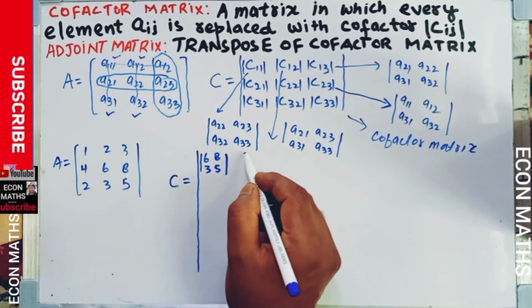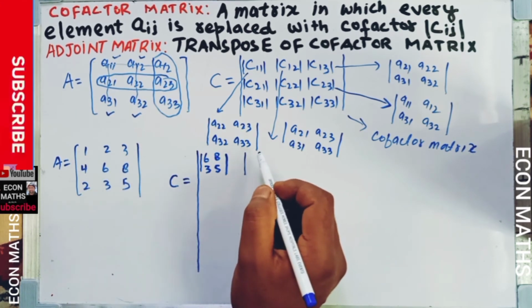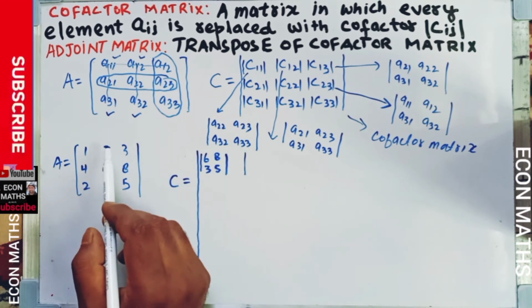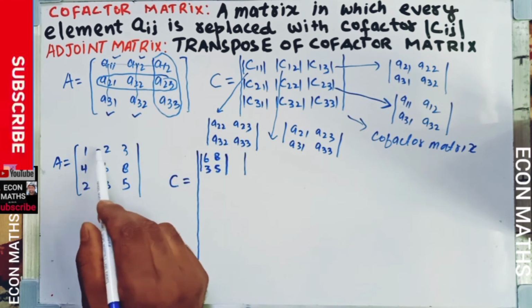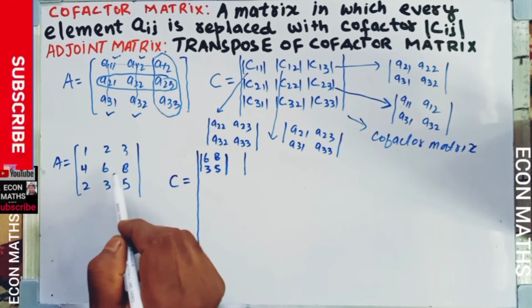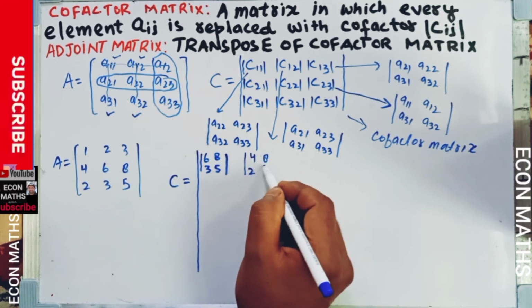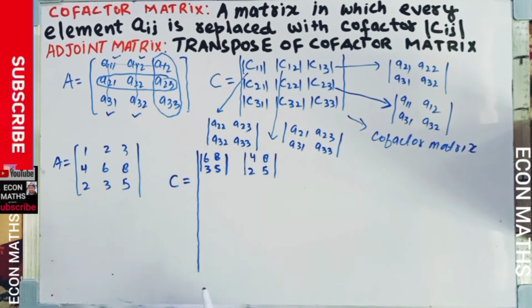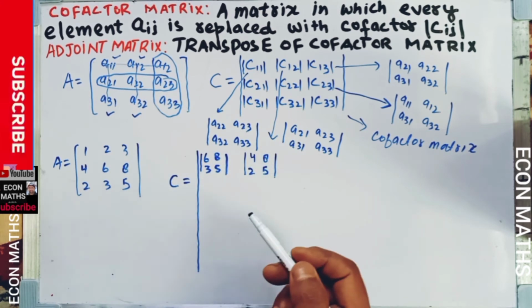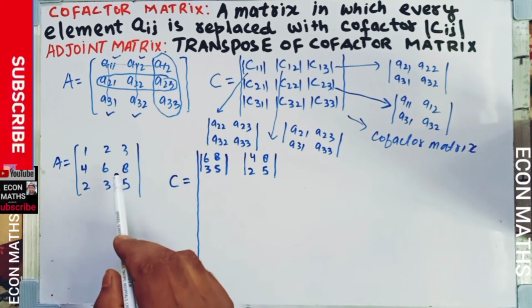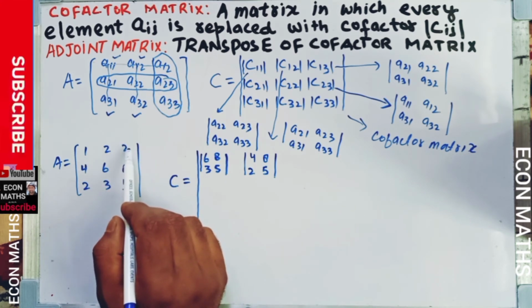So the second cofactor is 4, 2, 8, 5. Similarly, I will take the third element and replace it with its cofactor.